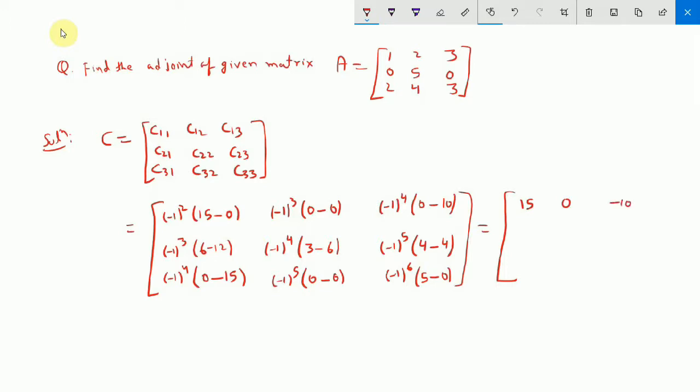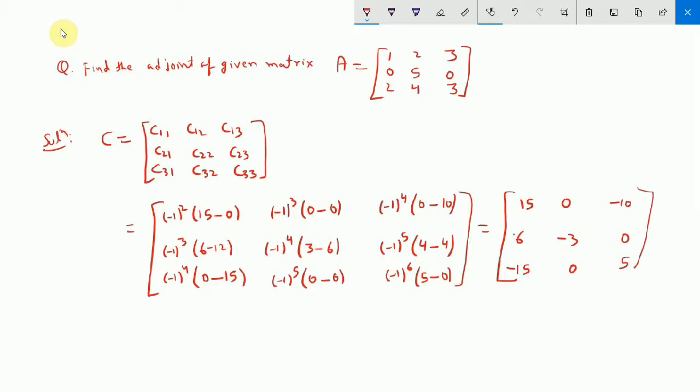After that we will have 6, minus 12, minus 6 and minus 1 also, so it will be 6. 3 minus 6, minus 3. 4 minus 4, 0. 0 minus 15 will be minus 15. Then next one, 0 minus 0 will be 0, and 5 minus 0 will be 5.